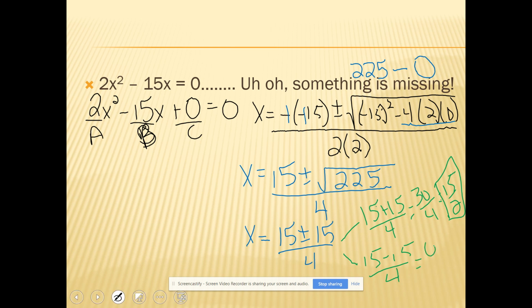And then 15 minus 15 is 0 over 4, which is 0. And even though it's 0, it still does count as an answer because I can plot x is 0 on a number line and on a coordinate grid. So 15 halves and 0 are my final answers.